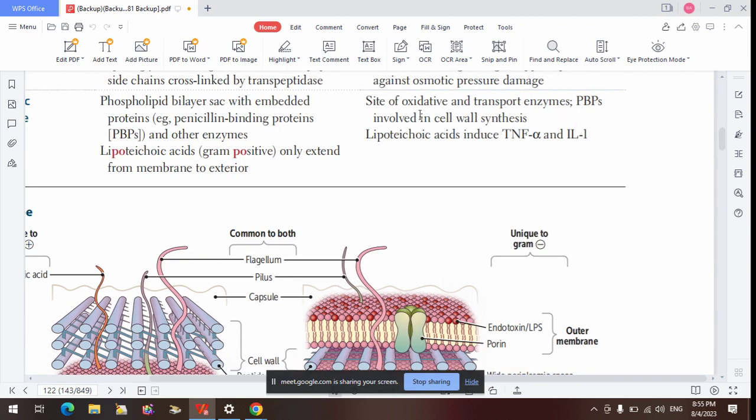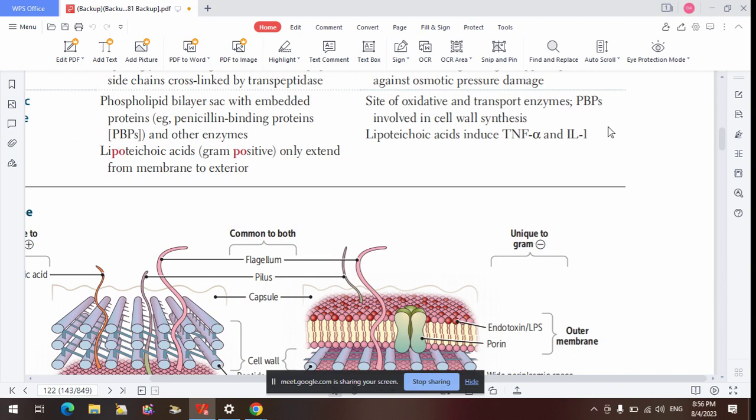The oxidative enzyme, the transport enzyme, the penicillin binding protein, then lipoteichoic acid. Those are all four things. But the one I want us to hold majorly is what? The penicillin binding protein. Yes.